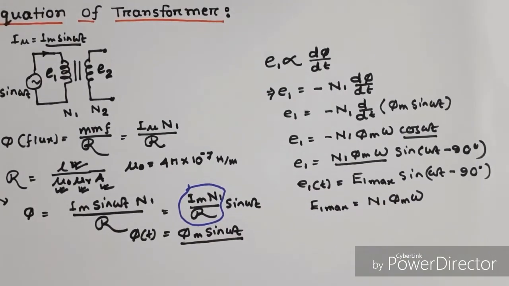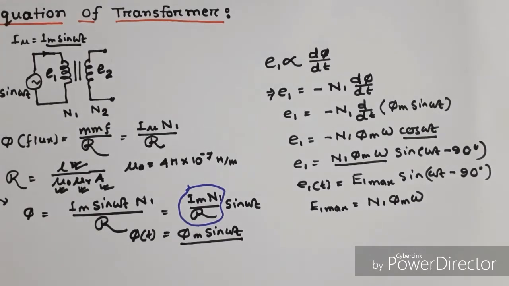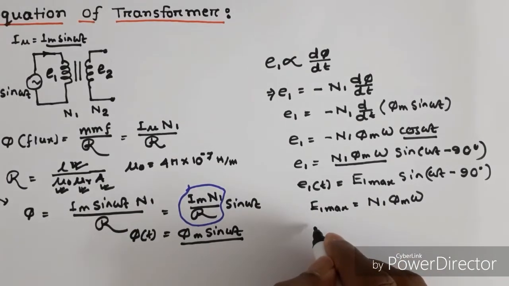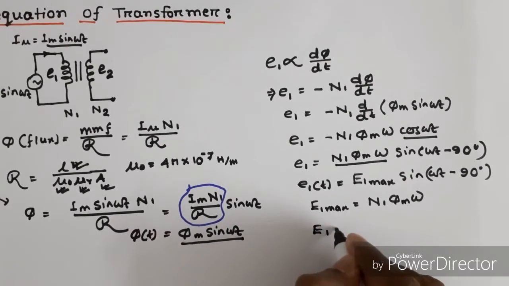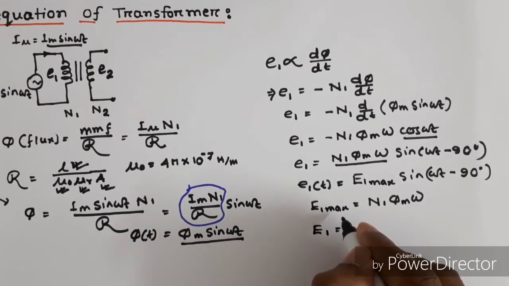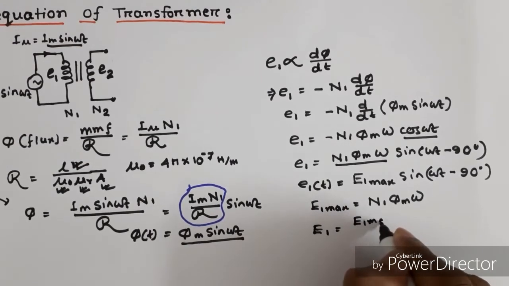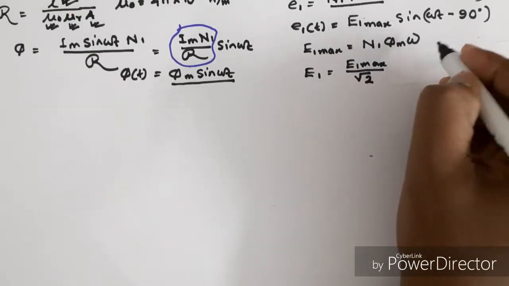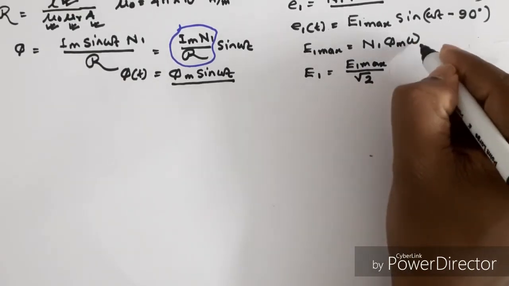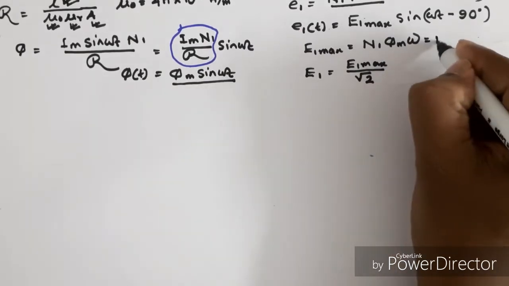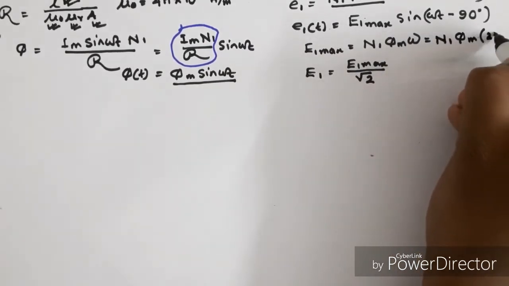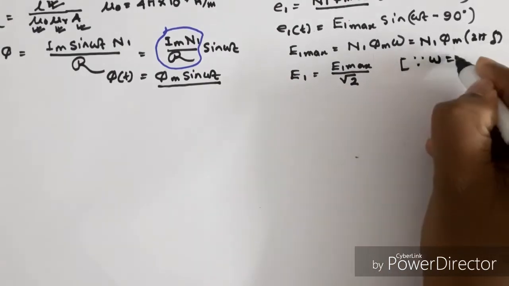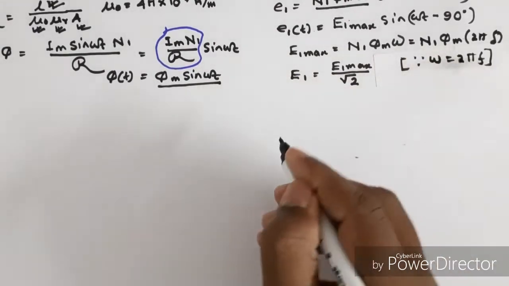Since the induced voltage is alternating and sinusoidal in nature, the RMS value of induced EMF, that means E1, will be the maximum value divided by root over of 2, E1 max divided by root 2. From here we can write E1 max equal to N1 phi m into omega equal to N1 phi m into 2 pi f, since omega equal to 2 pi into f.